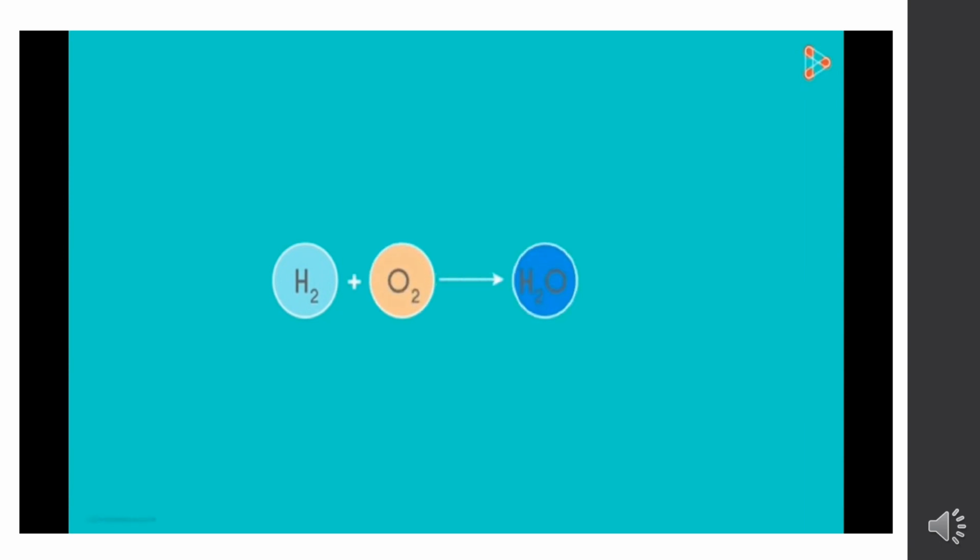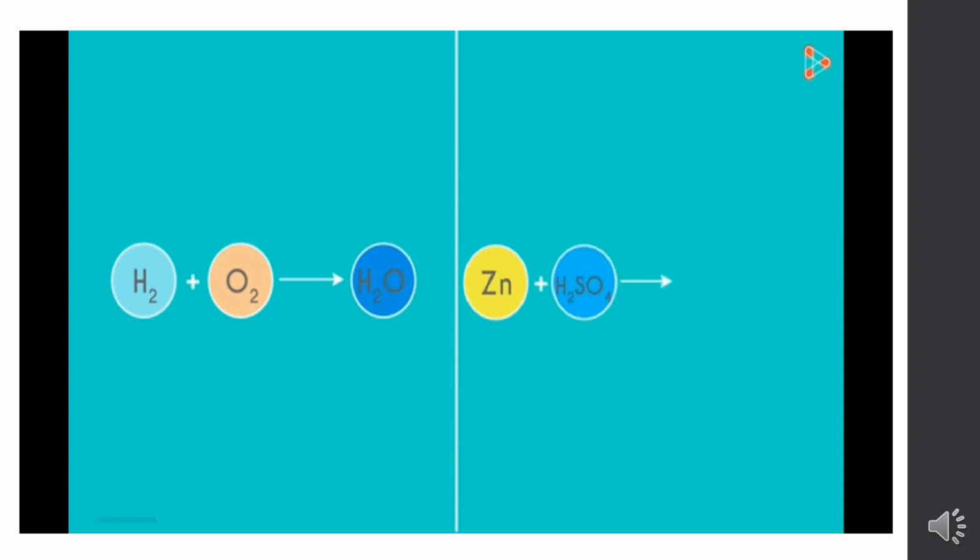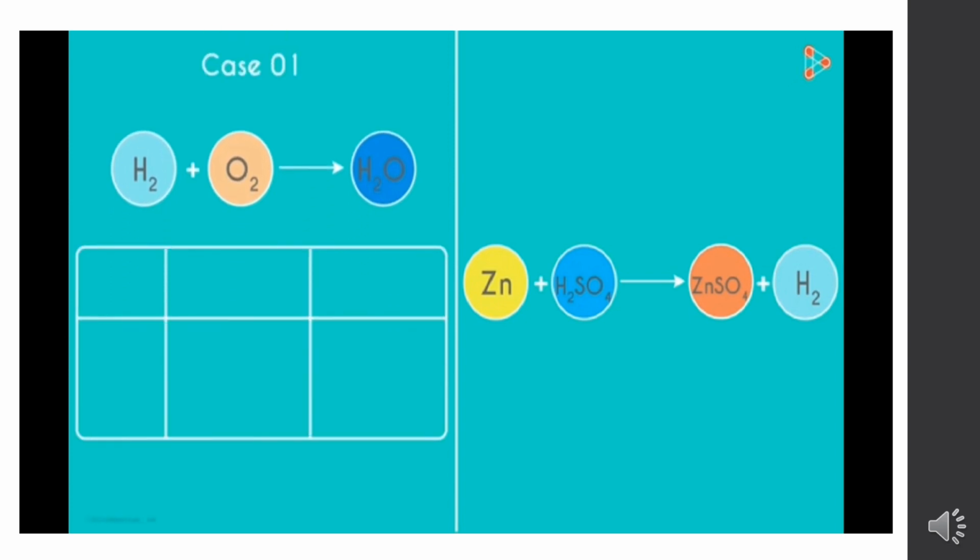While writing a chemical equation, count the number of atoms of the elements on both sides. The number of atoms of each element should be the same on either side of the equation. By taking an example, we will discuss this. H2 plus O2 gives rise to H2O.